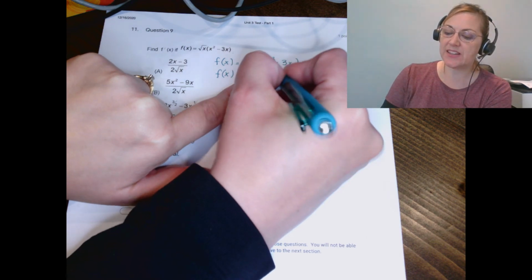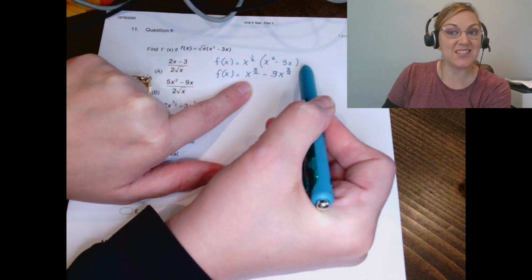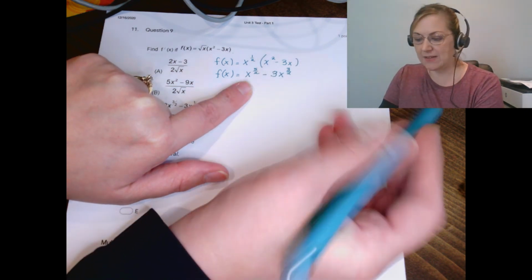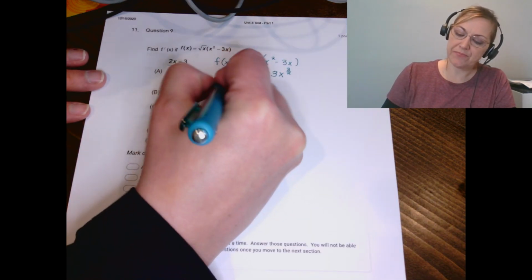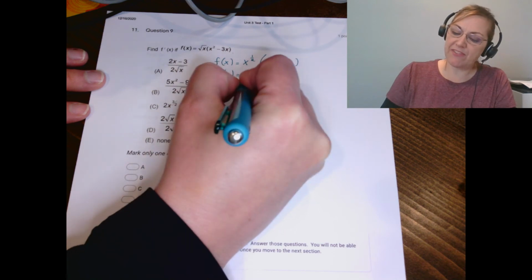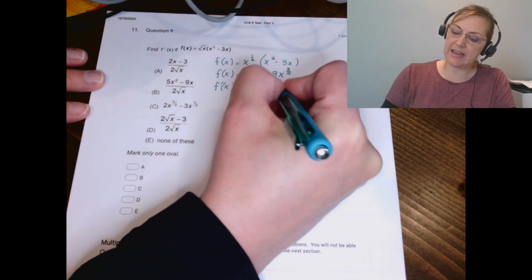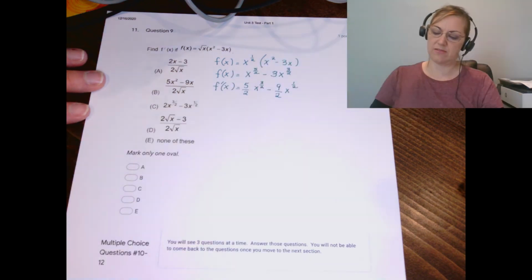Minus 3x to the 3 halves. Again, think x to the 1 half times x to the 2 halves. That gives you x to the 3 halves when you add those exponents. Now, let's take our derivative. That becomes 5 halves x to the 3 halves minus 9 halves x to the 1 half.